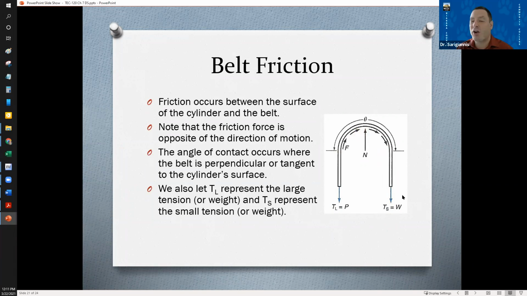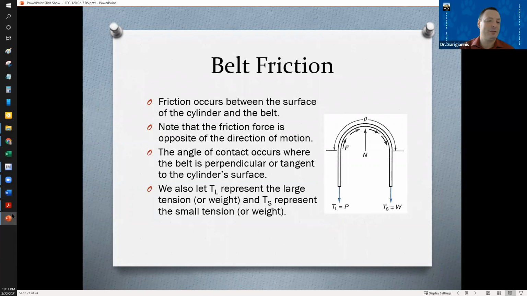So you got to be careful choosing which tension is the large tension and which is the small tension. And that depends on the physics of the problem. What are you trying to do? Are you trying to prevent the weight from slipping, to prevent this from falling, or are you trying to lift it? Two different scenarios.